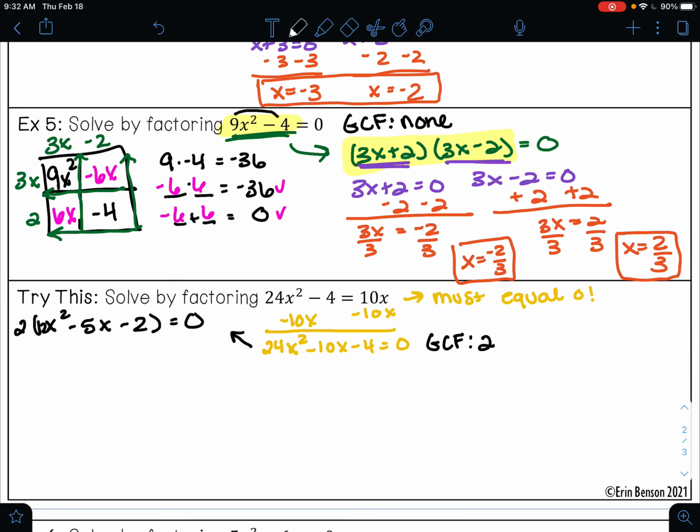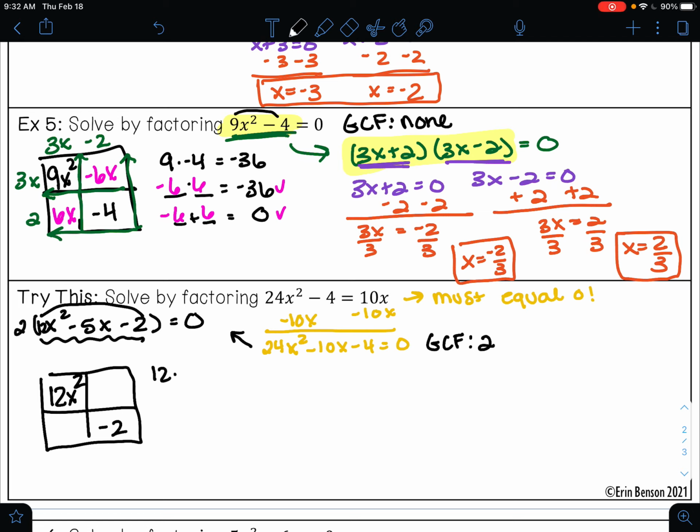And so now we want to make sure that we factor completely. So now I need to factor inside of here. To do that, I'm going to use the area model. 12x squared goes in the first box, negative 2 goes in the last box. I always need to multiply my first number by my last number. And when I do that, I get negative 24.